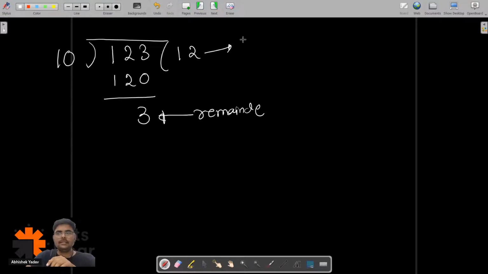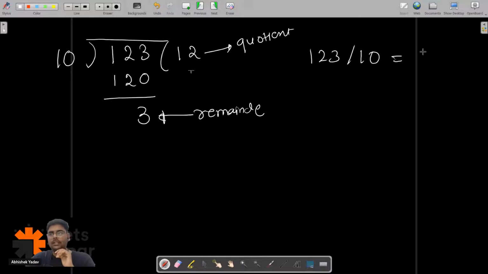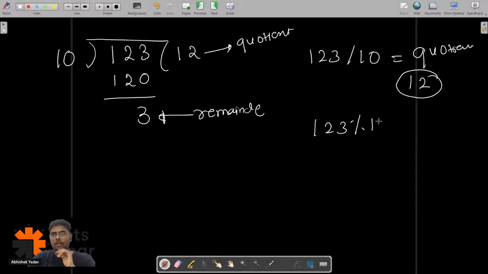And this is the quotient part. So if I write 123 divided by 10, you are getting the quotient part, that is 12 on the output screen. If you write 123 modulo 10, you are getting the remainder part, and the remainder is 3 on the output screen.